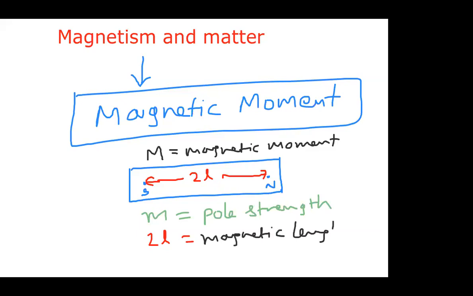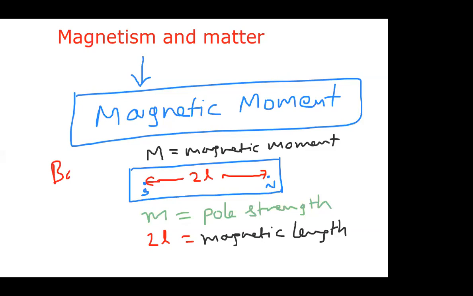And small m is pole strength. Here we have two poles, south pole and north pole. Both have the same strength, equal to small m. This is called a bar magnet.